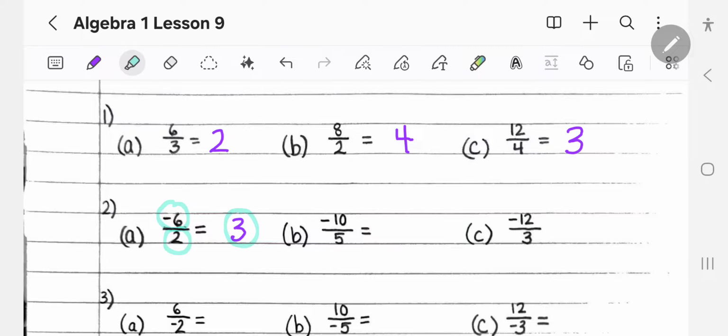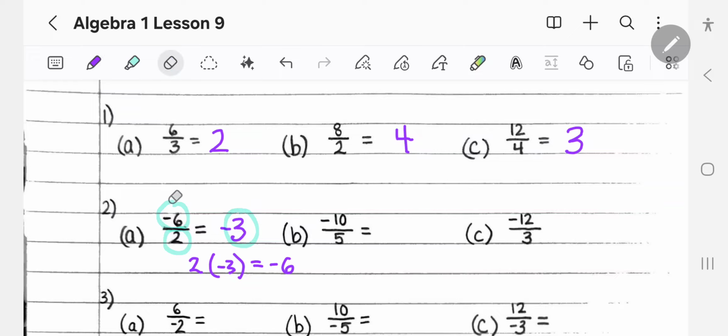No, it's not, because I watched the last video, or the last 2 videos, and I know how to multiply signed numbers. So I know I need a negative here. Negative 3 times 2. And you can think of it as 2 jumps on the number line to the left, going negative 3, would help me to land at negative 6. That's how I know that has to be a negative. Again, I can do that because multiplication and division are inverse operations.